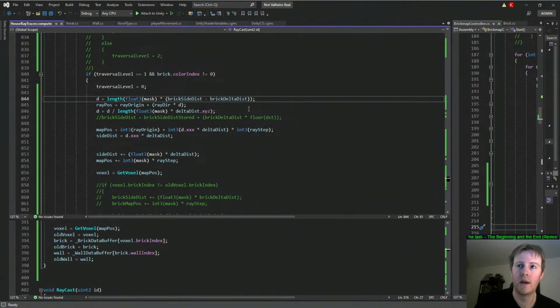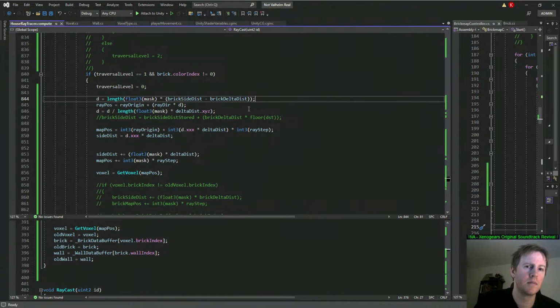So we have the right ray length. So then I take the ray length and I divide it by our delta distance. And I divide it by the same delta distance that... Does that make sense?